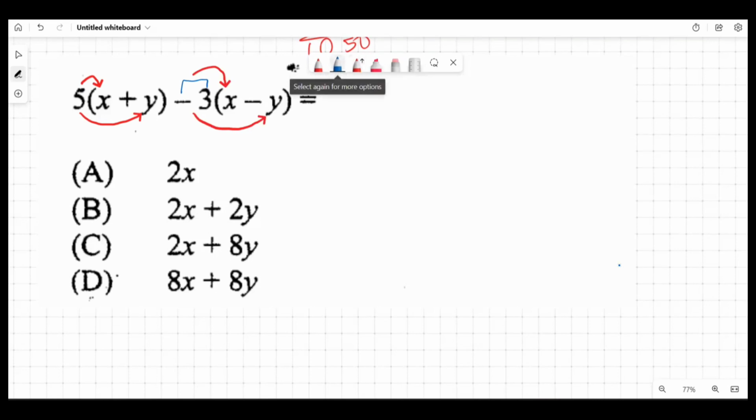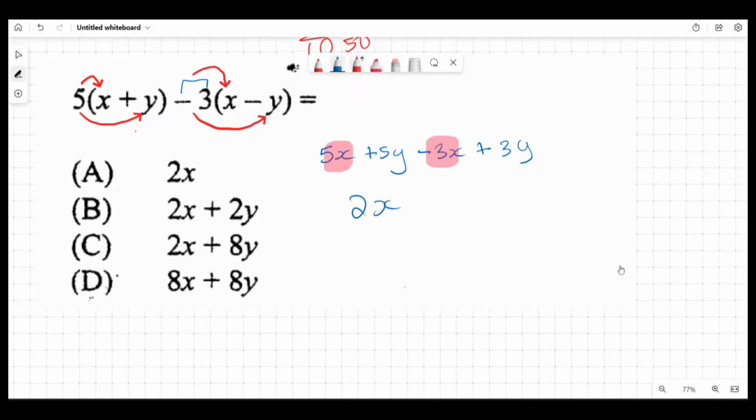I'm at the left, so 5 times x will give me 5x. 5 times y will give me plus 5y. -3 times x gives me -3x. -3 times -y will give me +3y. Now my like terms are 5x and -3x. We could see that we're getting a 2x there.